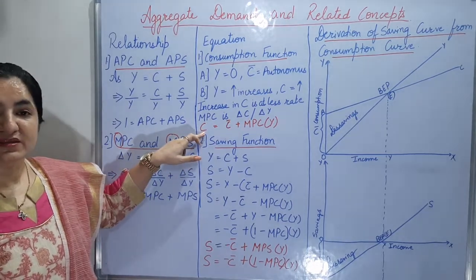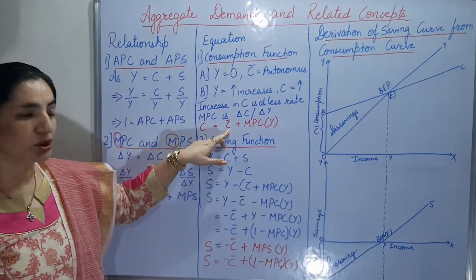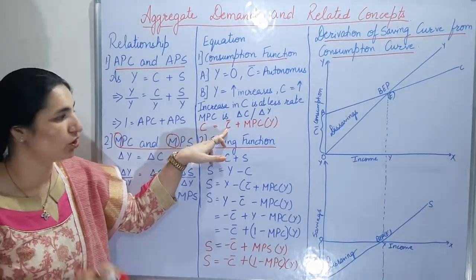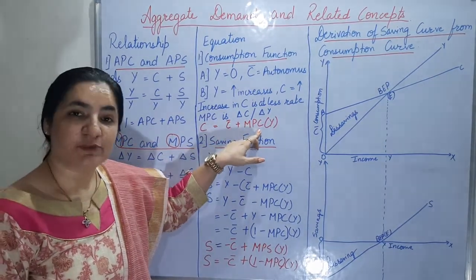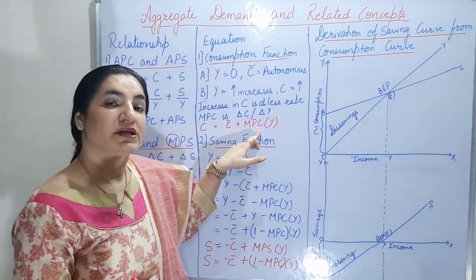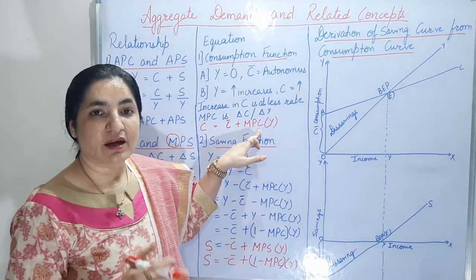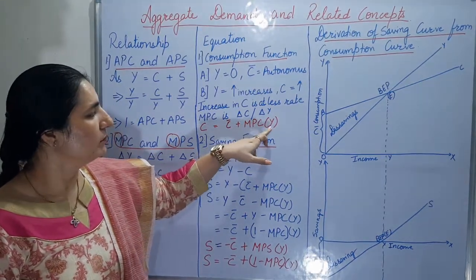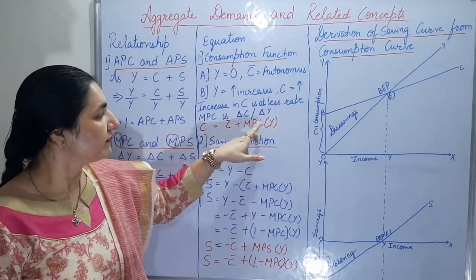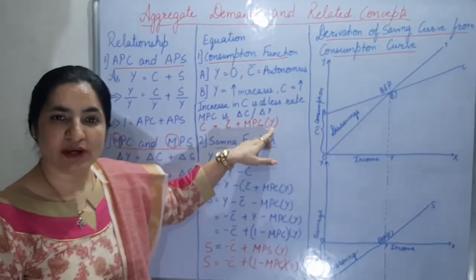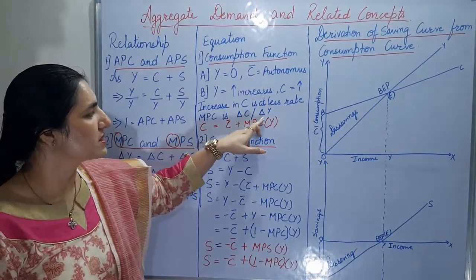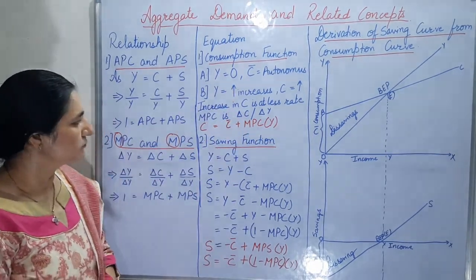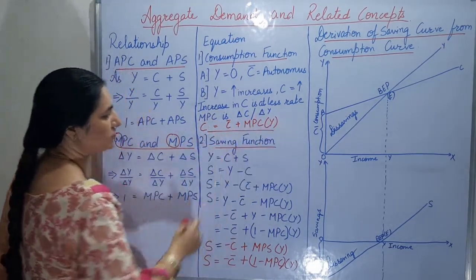Total consumption, big C, is equal to autonomous consumption, the A part, plus MPC multiplied by Y, because induced consumption is proportionate to income, and MPC is change in consumption by change in income. This is the equation of the consumption function.